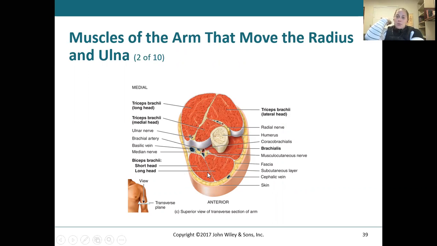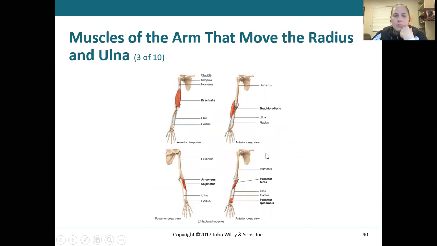So you've got your triceps brachii, with lateral, long, and medial heads, your biceps brachii, short head and long head, and your brachialis, which runs on the outside of your arm. You can also see things like your humerus and the nerves that innervate these regions to allow for movement. Okay, so this image is nice because it pulls away all of those different muscles and allows you to focus on a single muscle group attached to the humerus, the ulna, and the radius.